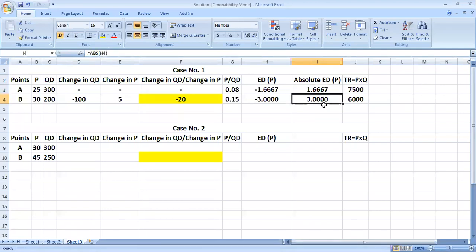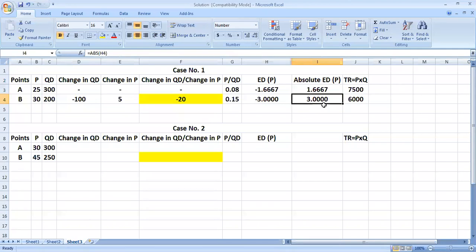Now consider this argument. When a firm is supplying or manufacturing a more elastic product and wants to increase its revenue, it must reduce the price of its product.